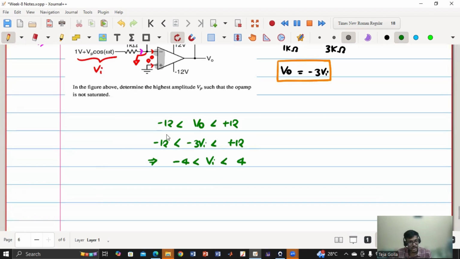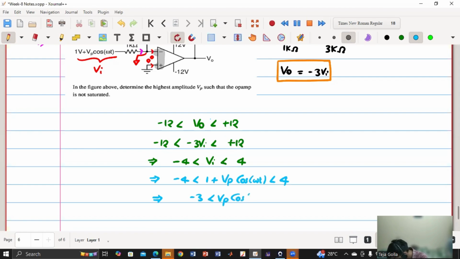But they have given Vi as 1 volt plus Vp cos omega t. If I substitute that, I'll get minus 4 less than 1 plus Vp cos omega t less than 4. Simplifying further, I'll get minus 5 less than Vp cos omega t less than 3.